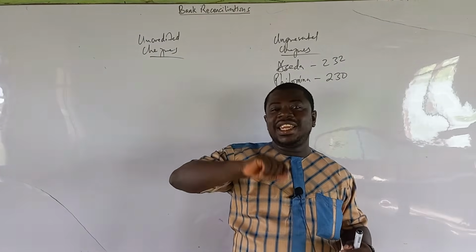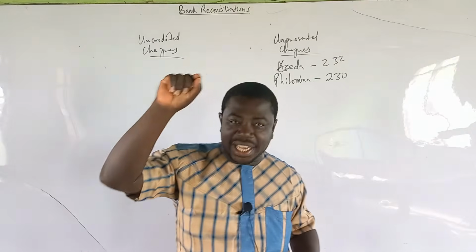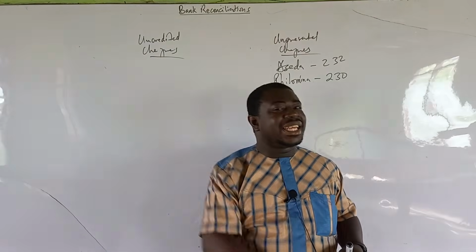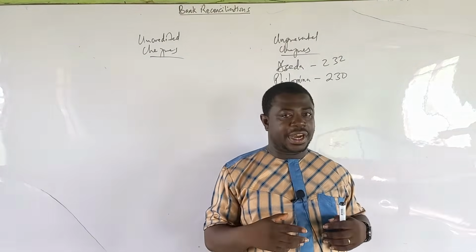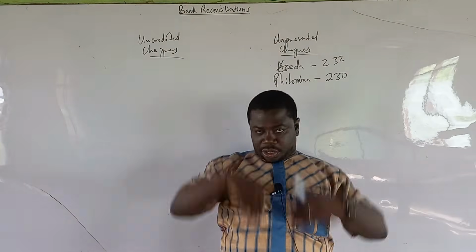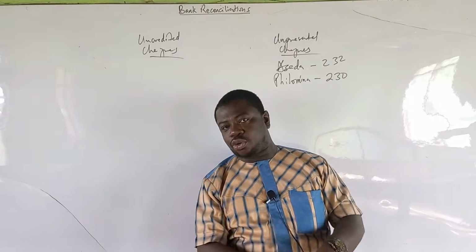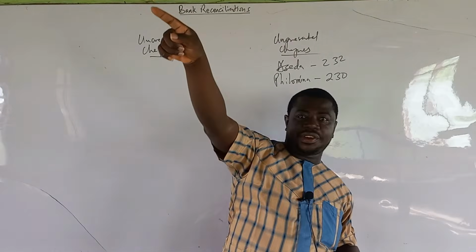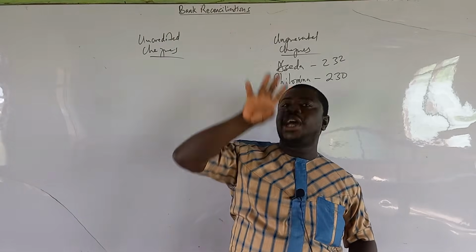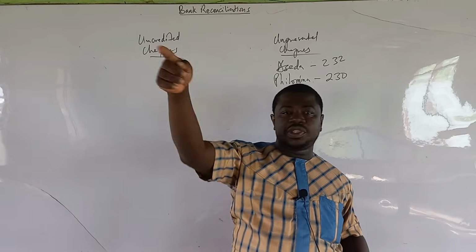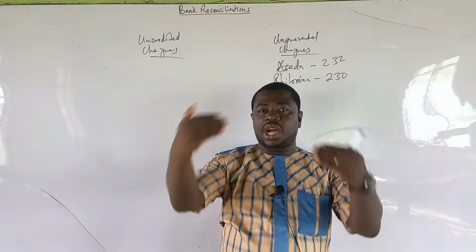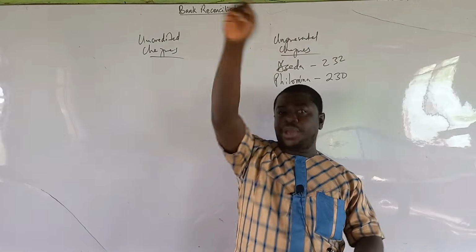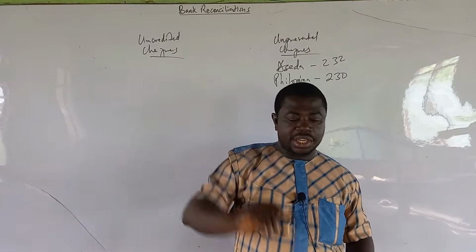If there is anything on the credit of the cash book that didn't appear on the debit of the bank statement, we rectify. When we are done, we'll come back to the bank statement and use the debit also as a point of reference to check the credit of the cash book. So for now, we are in the cash book, just comparing to see what is not there. When we are done, we'll come to the bank statement also and compare what is not in the cash book. So please take note of that.